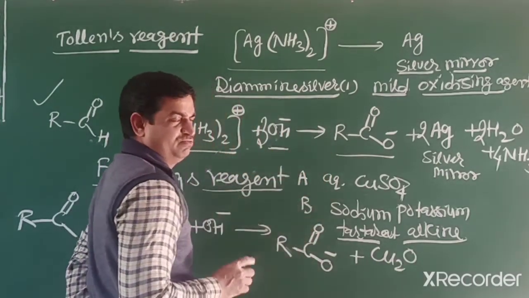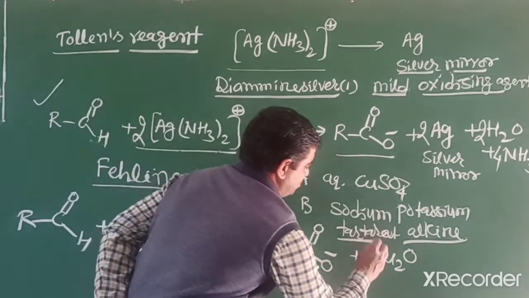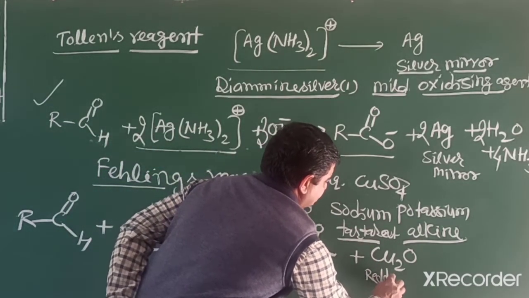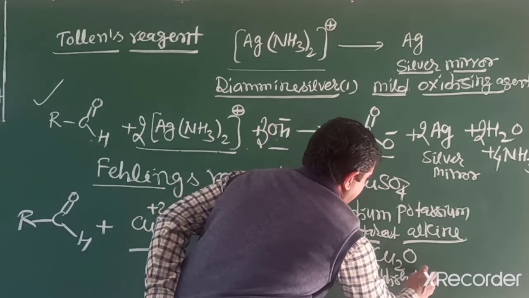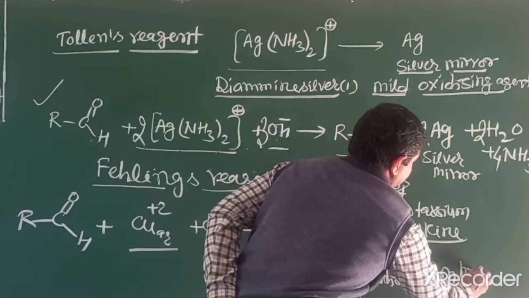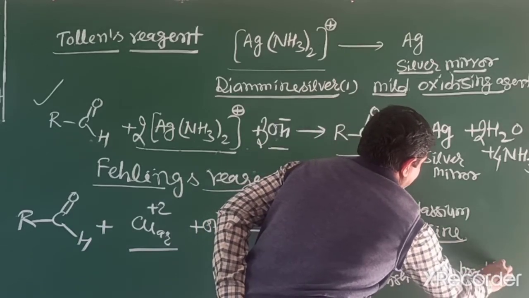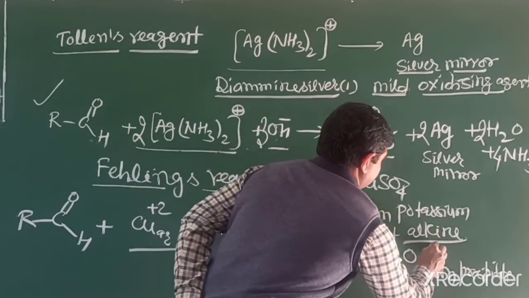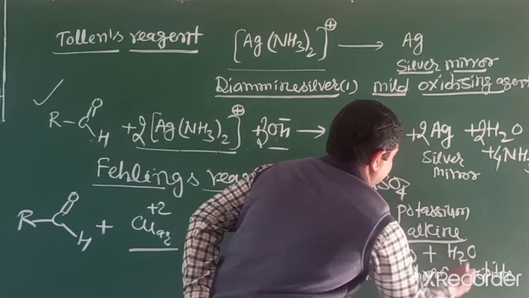Copper changes from +2 to +1. Cuprous oxide, this one is a reddish brown precipitate. And the other product is water.